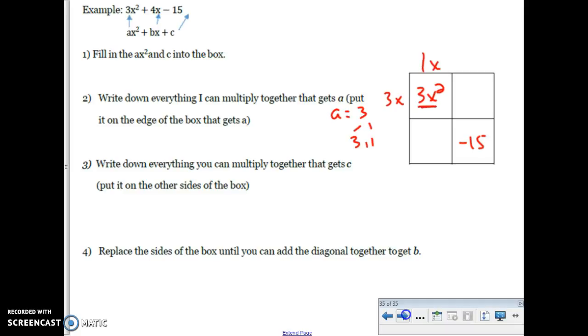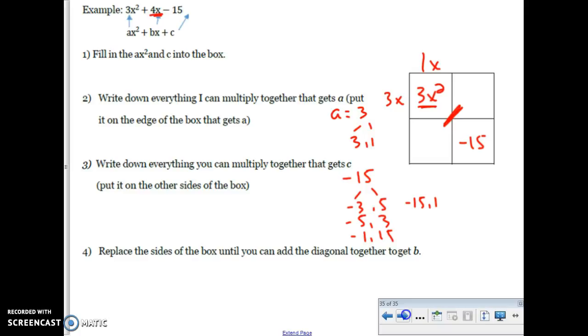The next thing I want to look at is the negative 15. What gets me negative 15? Negative 3 and 5, negative 5 and 3, negative 1 and 15, negative 15 and 1. I'm going to play the game of, okay, I can put any of these numbers in this corner, but when I add these two squares, it has to get me 4x.